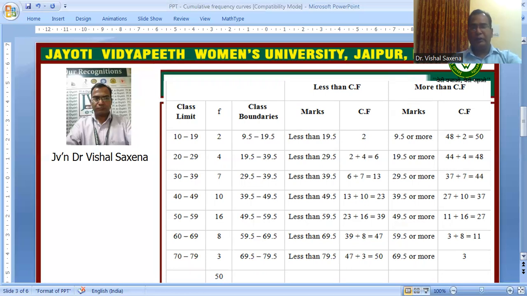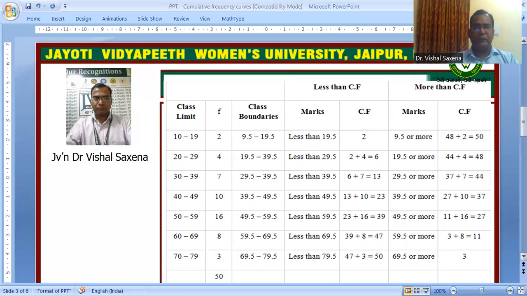In a similar way, the upper limit 29 for the class interval 20 to 29 is not the lower limit of the next class interval; it is 30. Therefore, this type of series is called the inclusive data series.